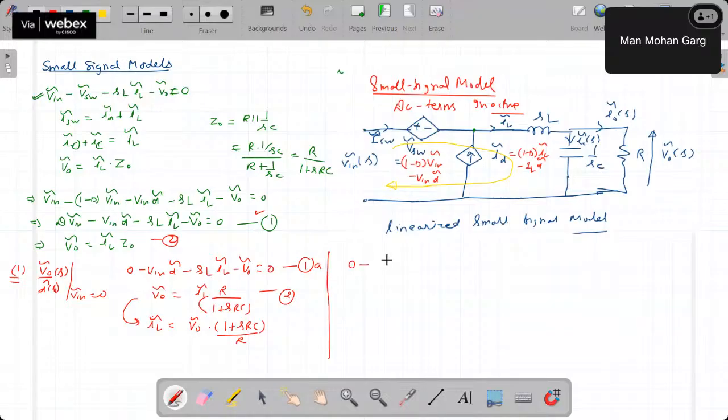I get 0 minus V in D cap minus SL times V naught 1 plus SRC upon R, okay, minus V naught equal to 0. Let us simplify this.